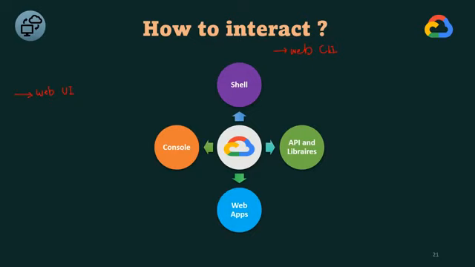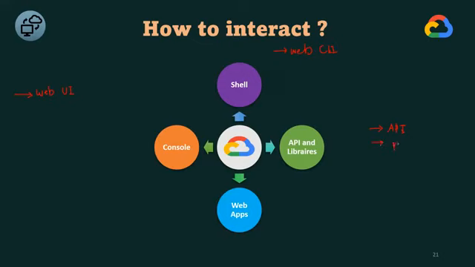Then you have API calls or client libraries. Each and every service in Google Cloud Platform can be interacted with via API, so you can also connect an application to it via API. Or each service also has client libraries.